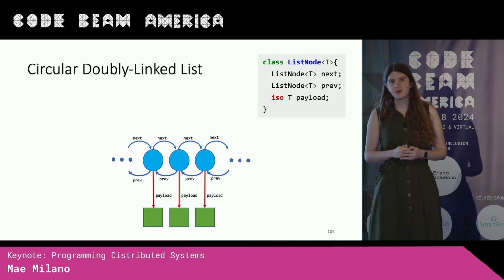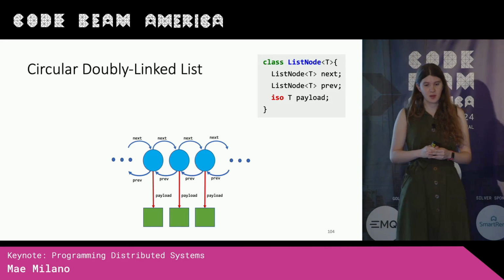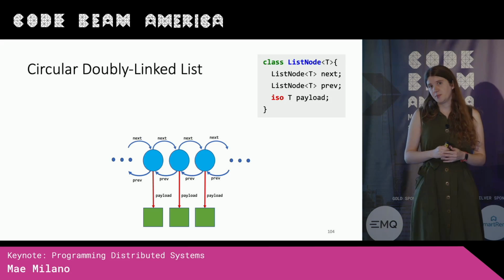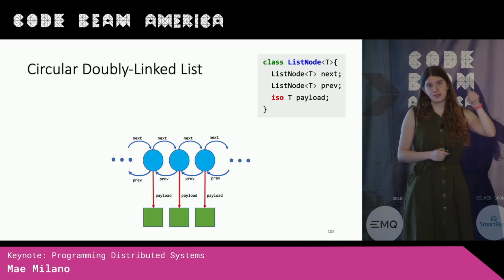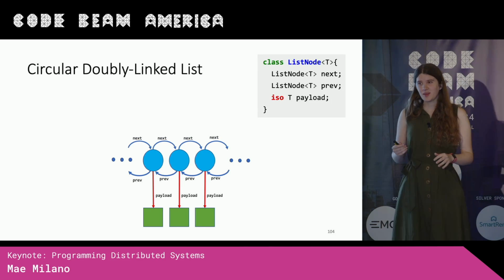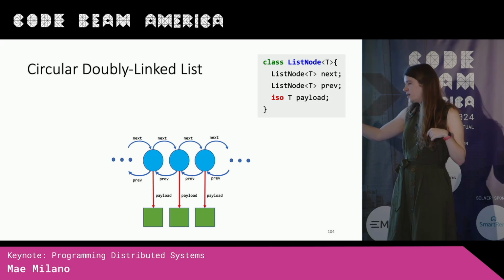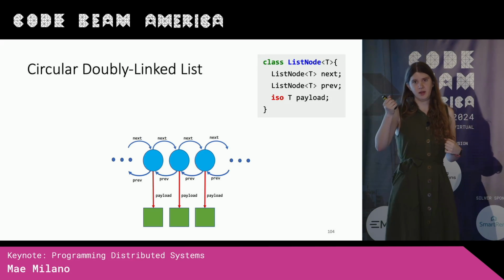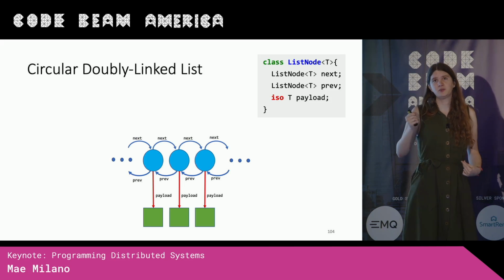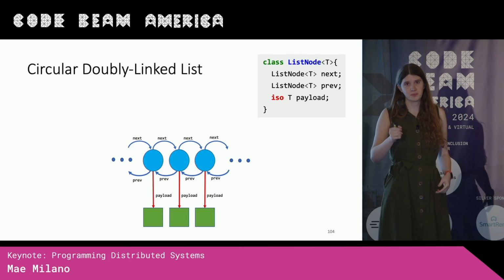All right, let's take a closer look at this doubly linked list. So here I've illustrated our doubly linked list with little blue circles to represent the spine of the list, and next and previous pointers in blue to represent the next and previous. And the important part here is I've got this red pointer payload that connects the individual list node with the payload stored at that position in the list.